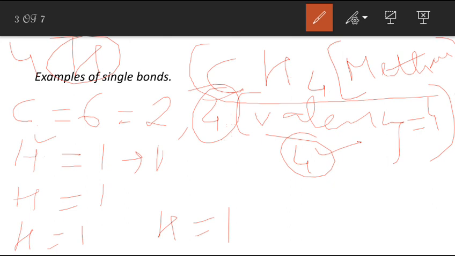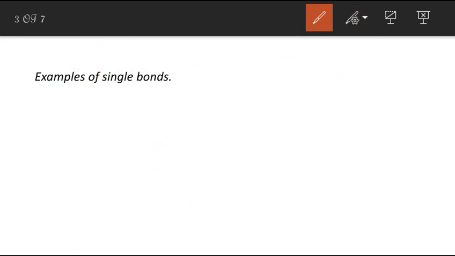So in order to become stable, it will react with 4 atoms of hydrogen. So in this way, carbon, its valency is 4. It will react with how many hydrogen atoms? 4 atoms of hydrogen.